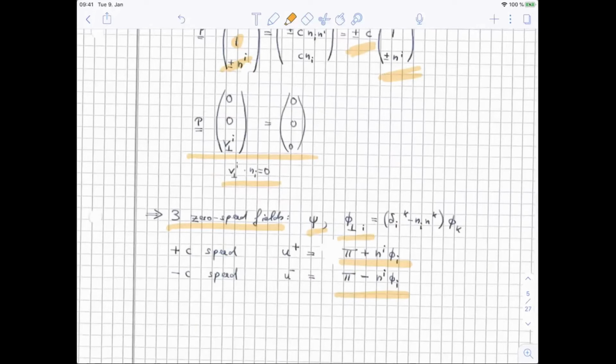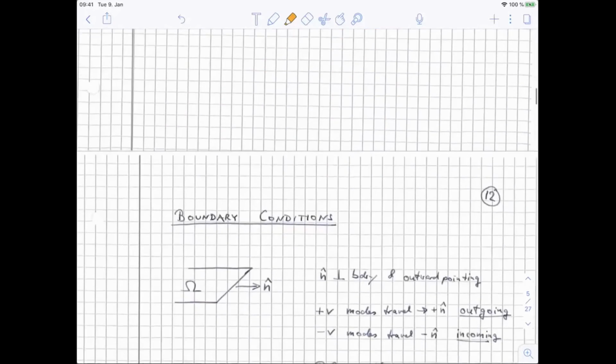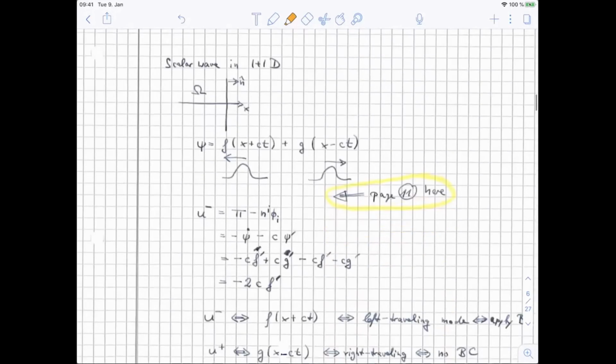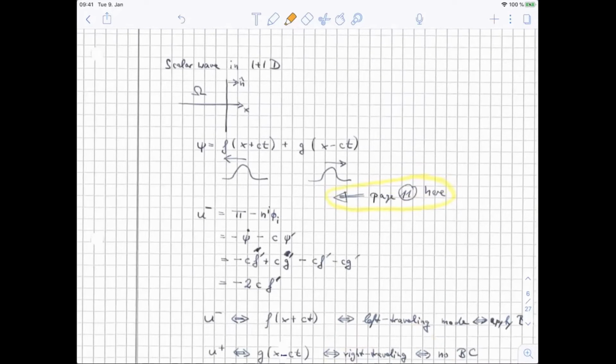There are certain combinations of the evolved variables. By the way, these evolved variables show up precisely if you look at the standard solution of the scalar wave equation in 1 plus 1 d.